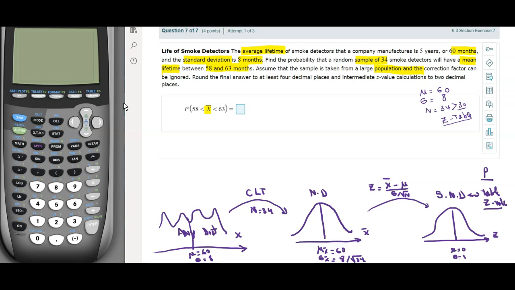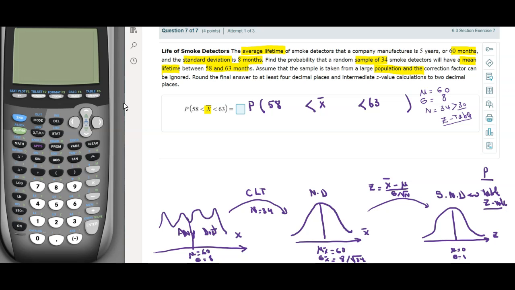All right, so the application of this is not so difficult. We're going to rewrite this equation, the probability: we put 58, leave a space, x bar, leave a space, and 63, leave a space again.